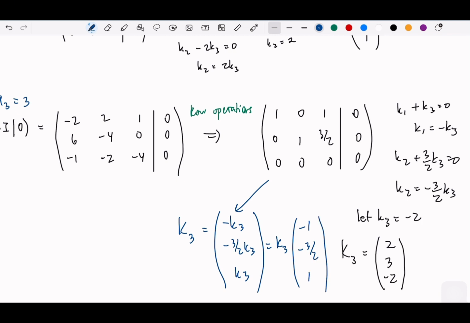We can write this first, and then let K3 equal some number, and we can get the whole eigenvector. So the final form could be this or this. It depends on the direction of the question, but you can pretty much answer in any form, as long as it is consistent as eigenvectors.